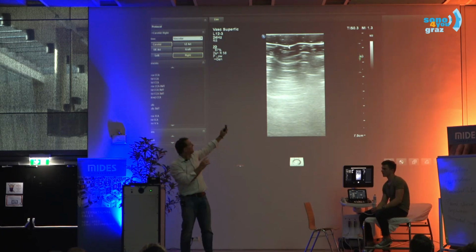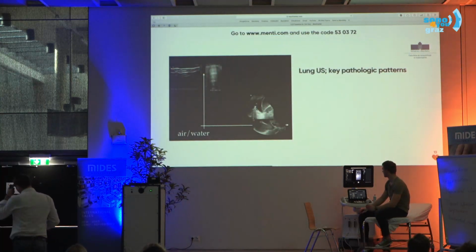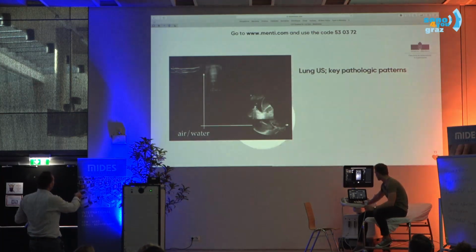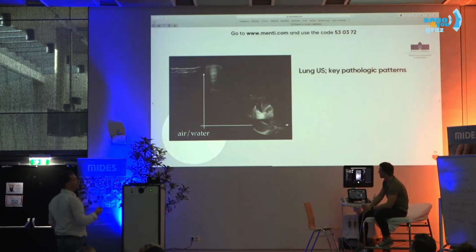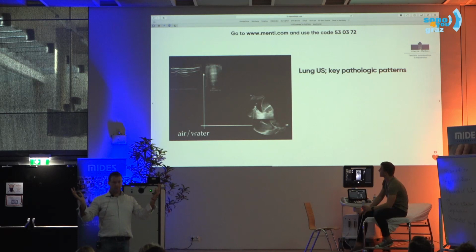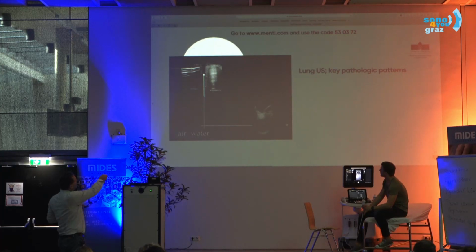Okay? And here, back to the screen. Here, air is 1, right? And there is no water, so the ratio is infinite. You understand? So that's why air in Graz or air in lung physically appears up here.